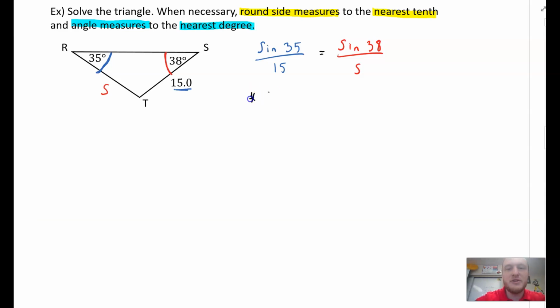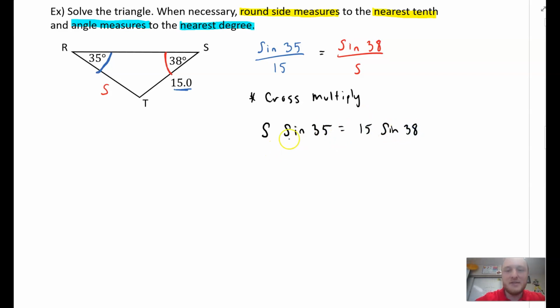And now how do we do this? We're going to cross multiply. That's the trick with these. And we get s sine of 35 is equal to 15 sine 38.